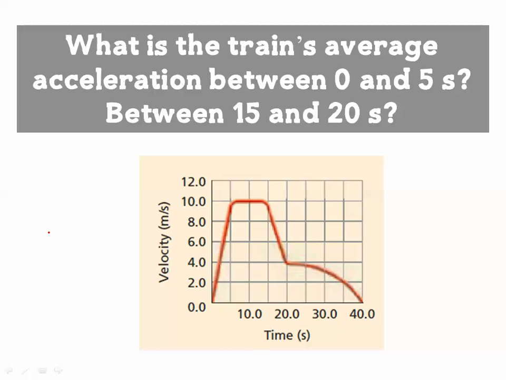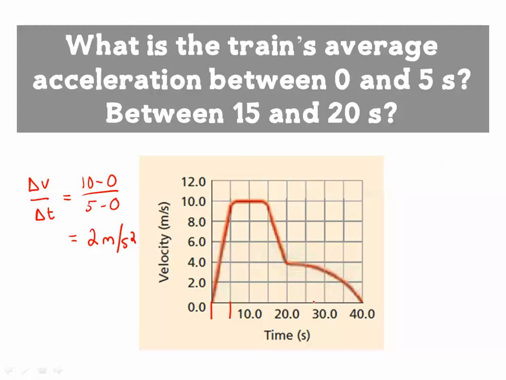Between 0 and 5 seconds, we're looking at this time interval here. Our velocity, we want to do the change in velocity over the change in time, which is going to be 10 minus 0 over 5 minus 0, which is 2 meters per second squared.